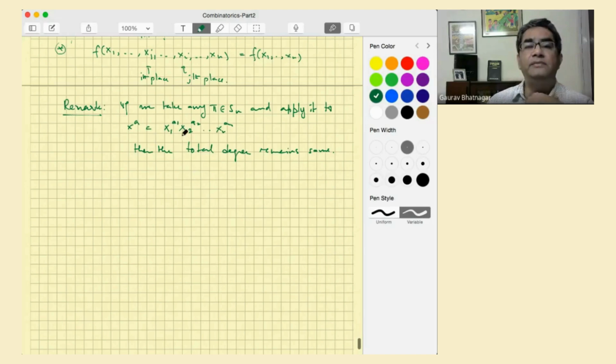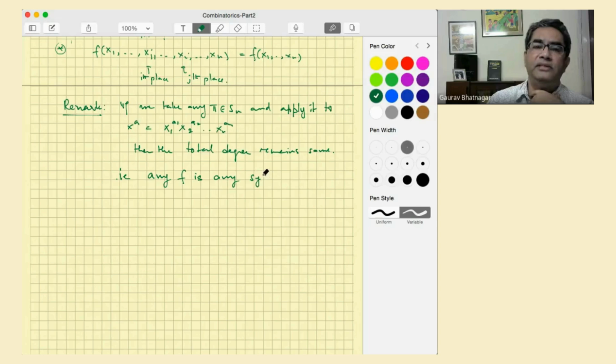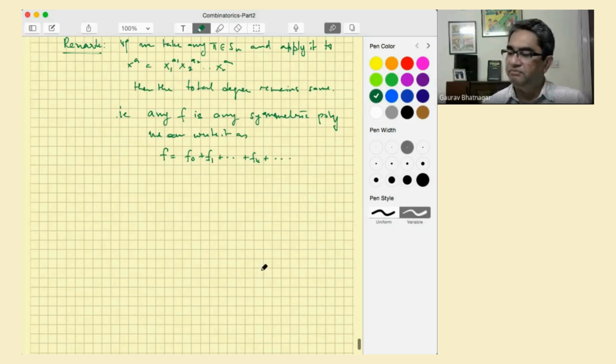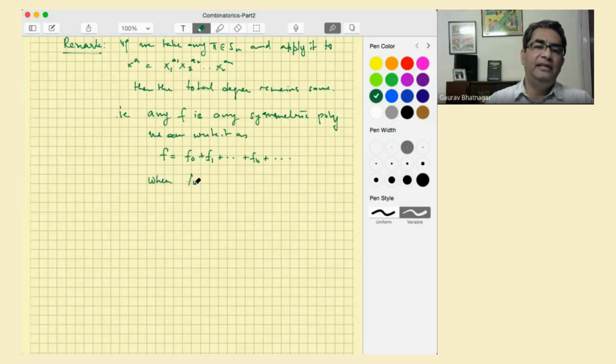So now what this means is that I can take any symmetric function, any symmetric polynomial, and write it as f0 plus f1 plus so on, fk, and so on, up till some value, where fk are the terms with the total degree k.